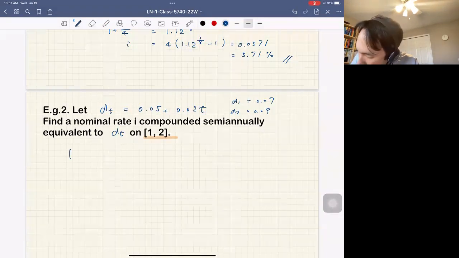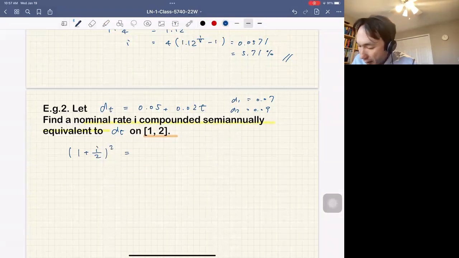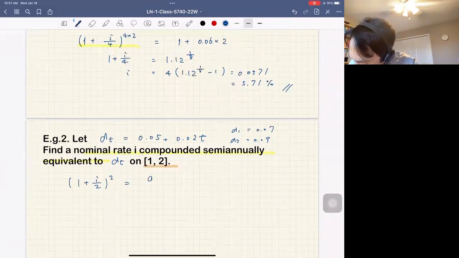Then, the nominal rate i compounded semi-annually. That means (1 + i/2) squared, because a 1 year period is 2 semi-years, is equal to A(2) over A(1).